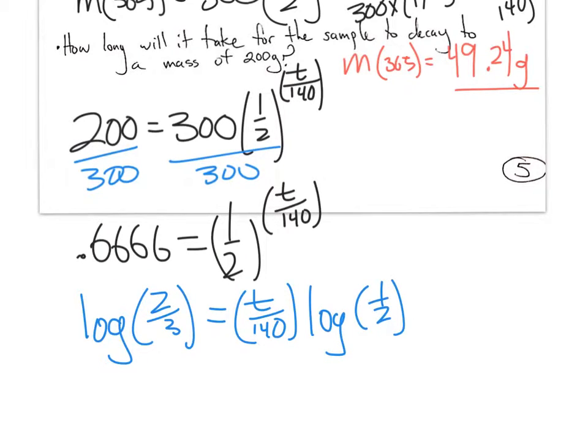We have done several questions like this. So again, our exponent came down out front. That's right here after we took the log. We're solving for t. So first let's get rid of this log of 1/2 by dividing both sides by that.